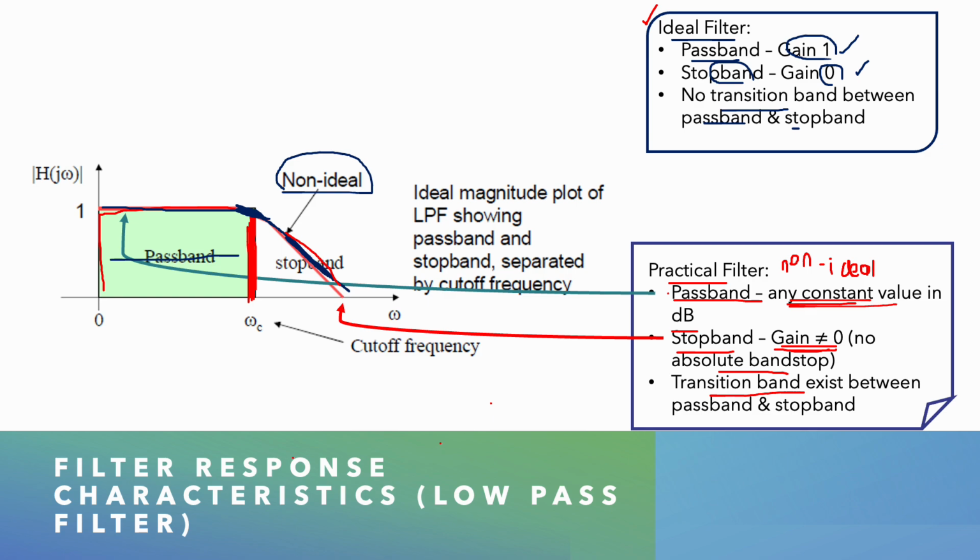Meaning that there is no absolute band stop. The gain will not become 0. And there is a transition band between the pass band and stop band. What does it mean by transition? The slope here is the transition band between the pass band and stop band. So this is the filter response in an ideal filter and a practical filter for a low pass filter.